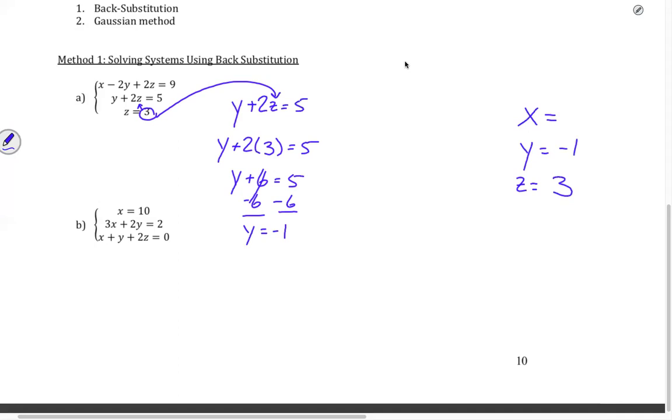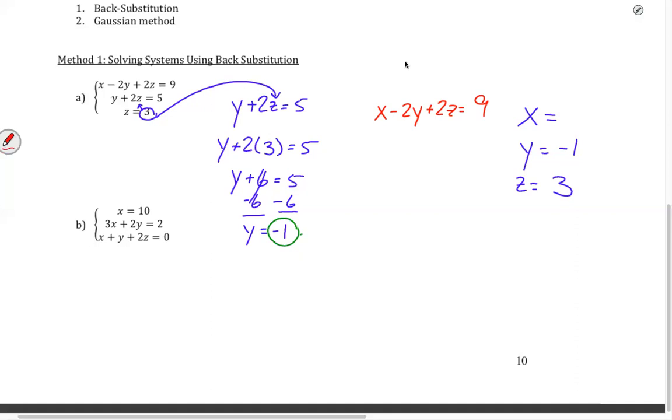Now I need x, but I have z and y. So what I'm going to do is I'm going to take this and I'm simply going to plug it in here. So what am I going to do? I'm going to plug in -1 for y and 3 for z.